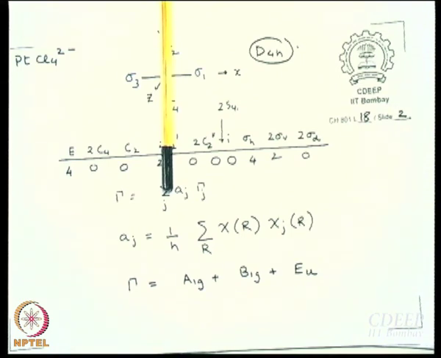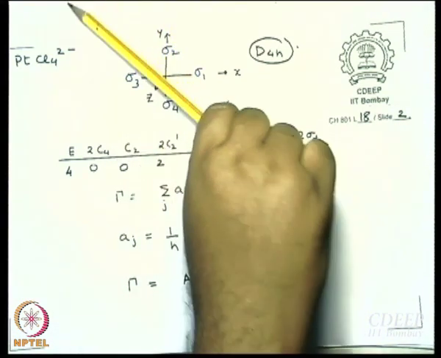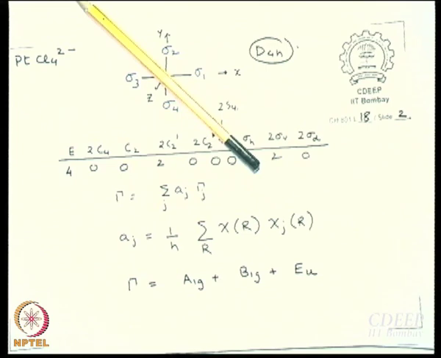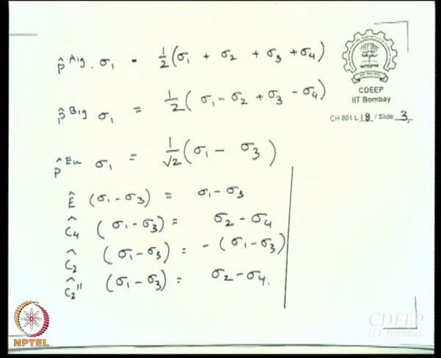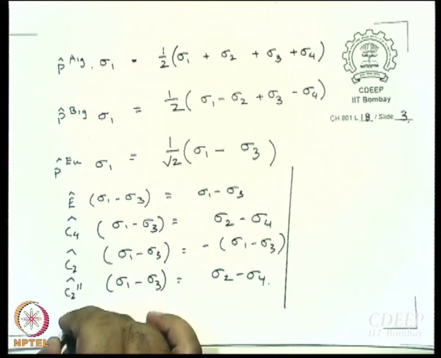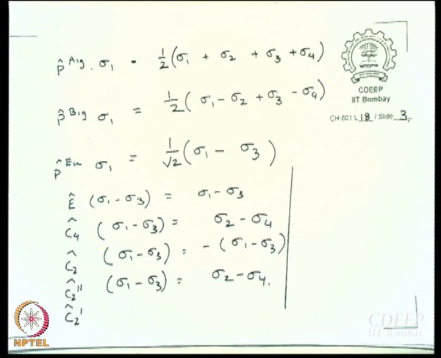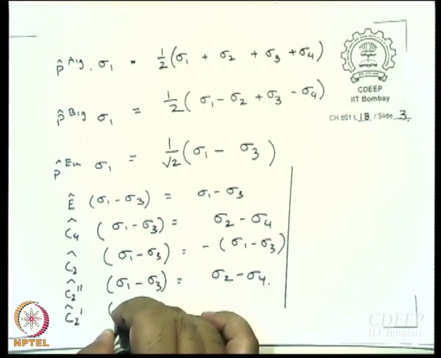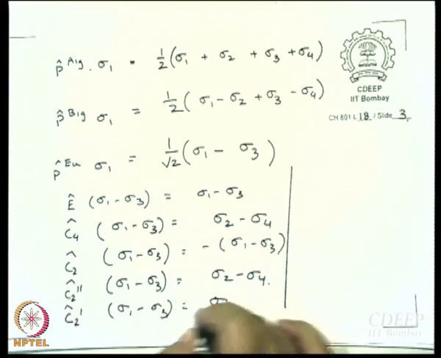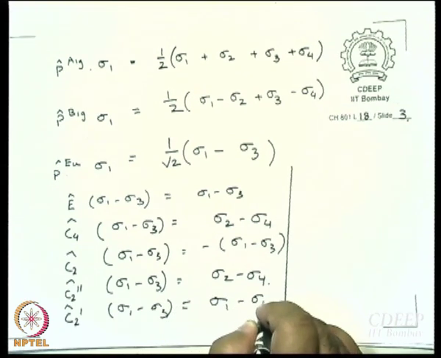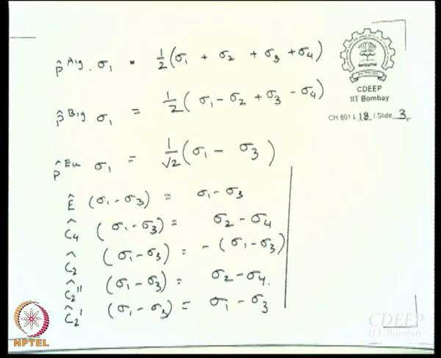Sigma 1 minus sigma 3. And what about C2 double dash? Sigma 2 minus sigma 4. So it is very convenient, add a dash. I am really getting on the nerves of some of us. And then C2 dash operating on sigma 1 minus sigma 3 gives us sigma 1 minus sigma 3. Okay, what is left?